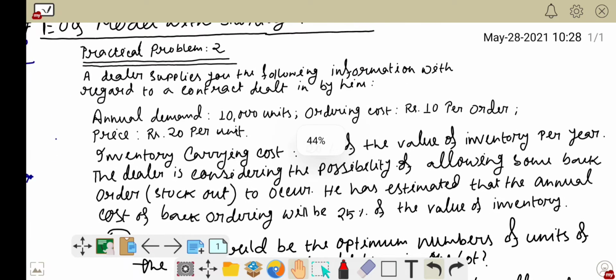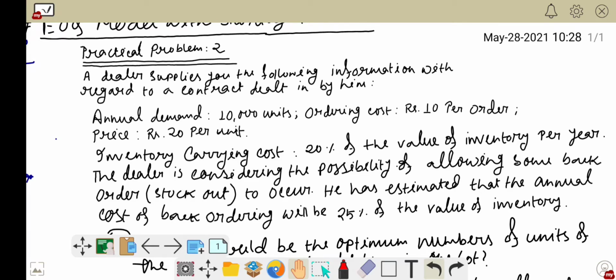वो अभी पढ़ते हैं और उसके बाद इसका सॉल्यूशन करते हैं। It is saying that a dealer supplies you the following information with regard to a contract dealt in by him. Annual demand 10,000 units, ordering cost rupees 10 per order, price rupees 20 per unit, inventory carrying cost 20% of the value of inventory per year.